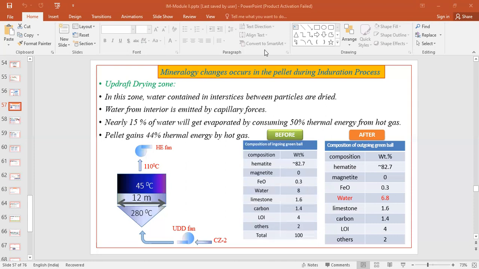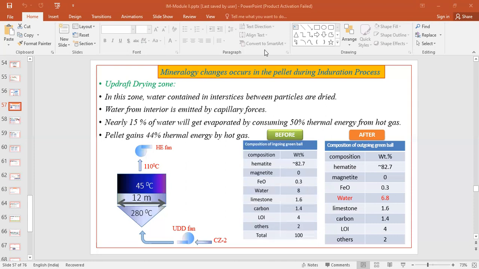Once the screening is done, the pellets of size approximately 8 to 16 mm are allowed to pass through the conveyor belt into the induration process.